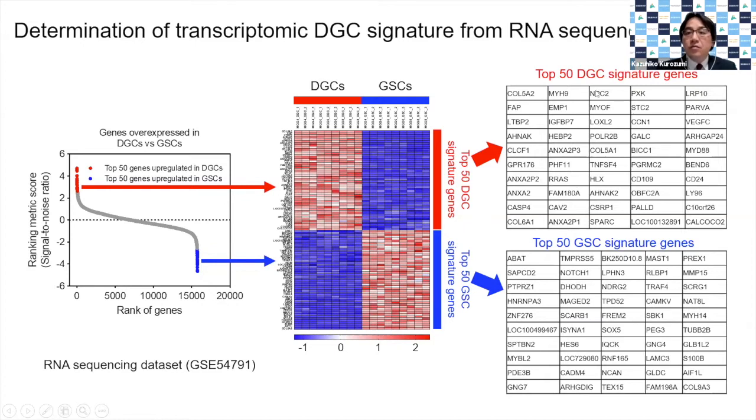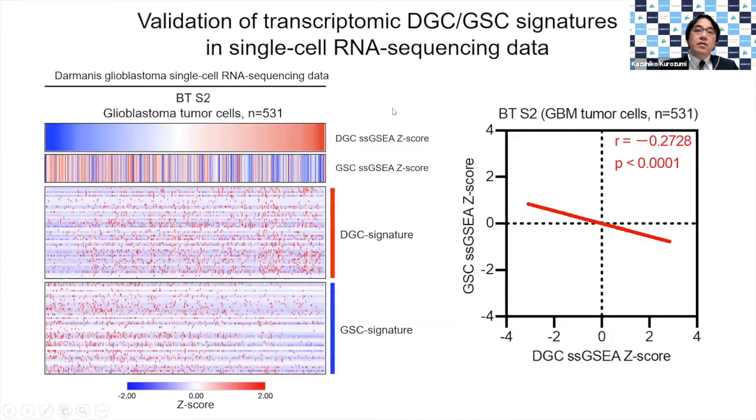So we found those gene signatures for DGC and GSC. As a next step, we also used single cell RNA sequencing data like this.